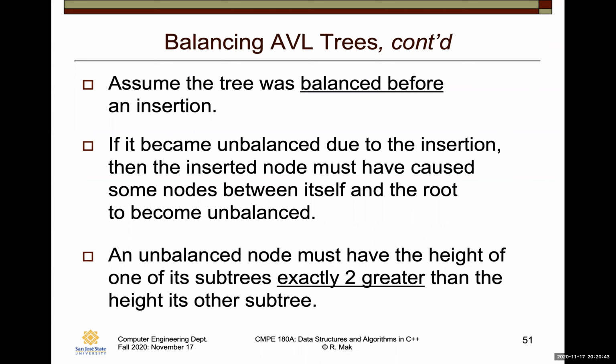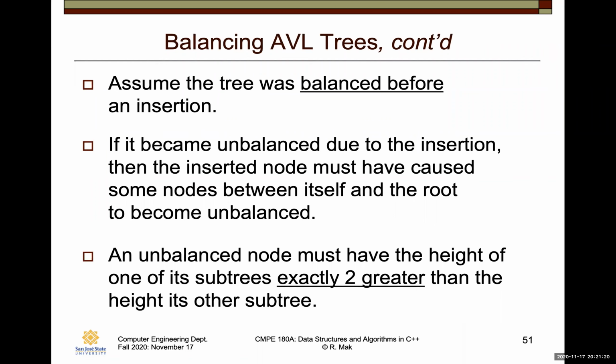So we inserted a node into the binary search tree. The tree was balanced to begin with. After the insertion, the tree has become unbalanced. So that means some node on the path between the node that we inserted and the root is now unbalanced. And that means that of that unbalanced node, one of its subtrees has a height 2 greater than the other subtree, right?